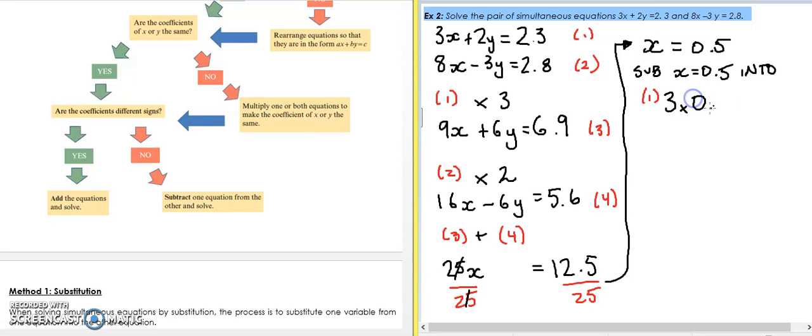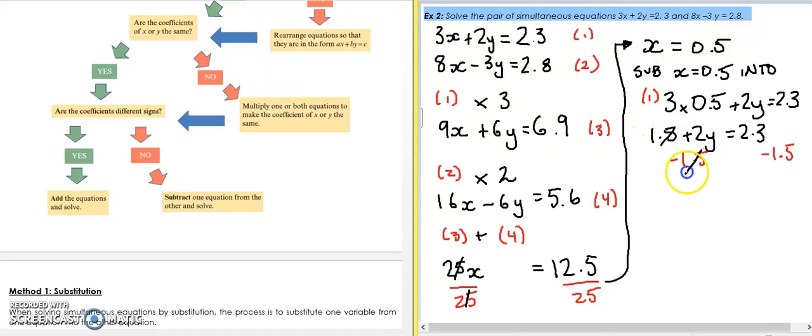So 3 times 0.5 plus 2y is equal to 2.3. 3 times 0.5 is 1.5 plus 2y is equal to 2.3. I have a plus 1.5 to get rid of, so I'm going to take away 1.5, take away 1.5, cancel, cancel.